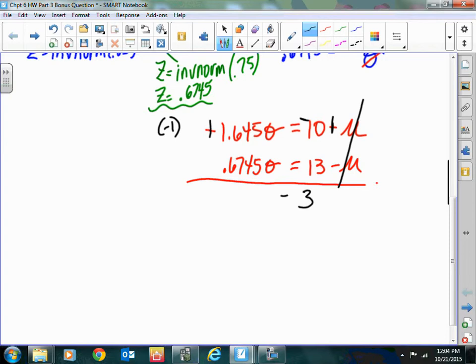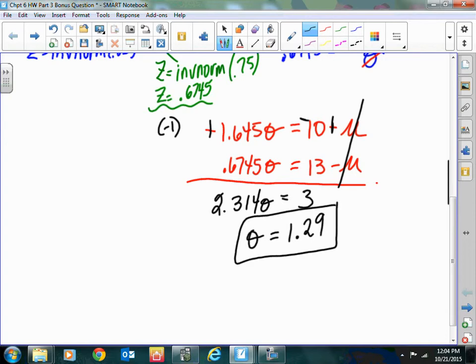So you can figure out the standard deviation, and when you do divide, you get a standard deviation of 1.29, and you are really close to being finished.